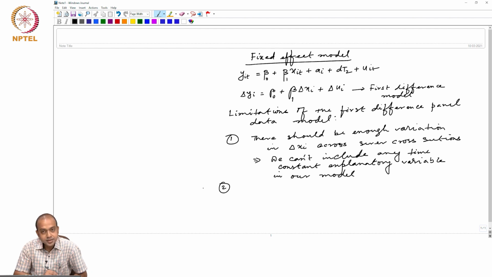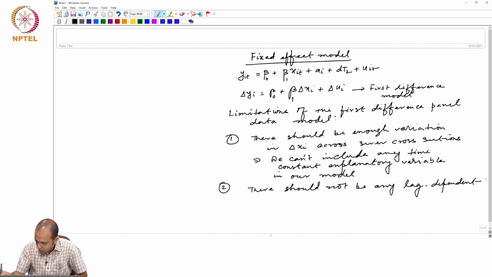Then secondly, we also mentioned that there should not be any lag dependent variable in our model.